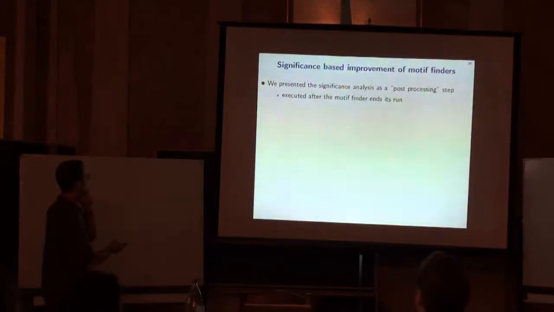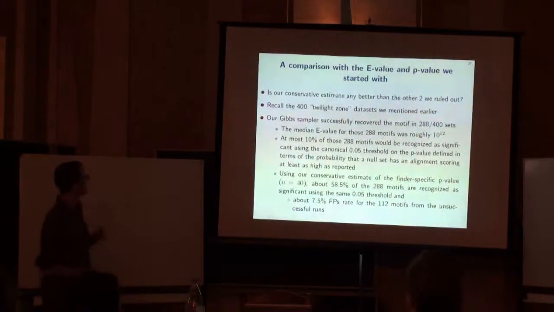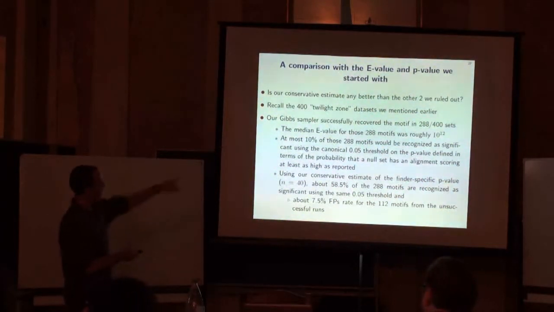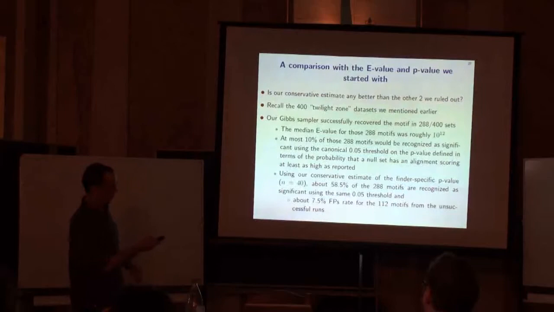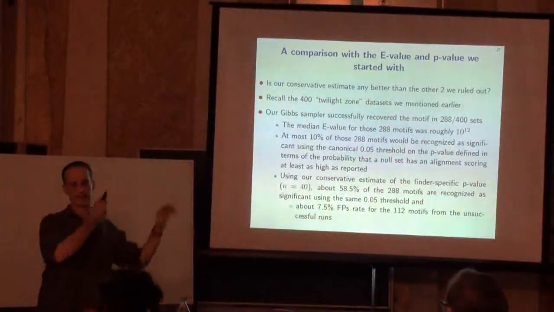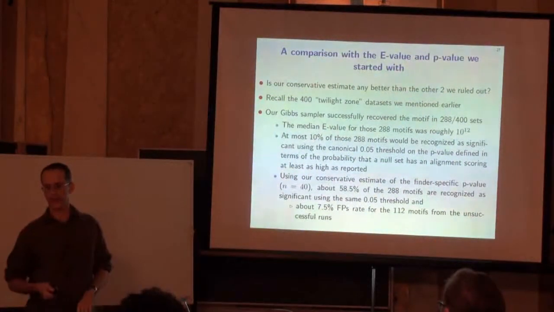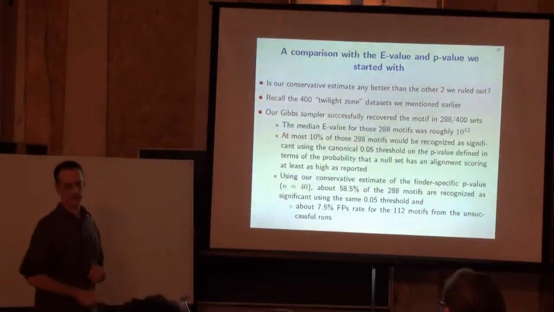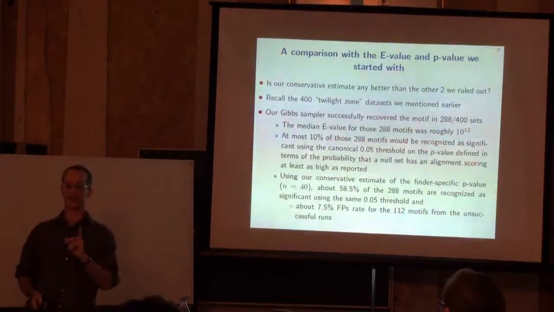So let's go back here. Here's why I got this 7.5%. Remember, there were 288 successful runs. When I'm estimating false positives, those 288 are out of the window, so there only remain 112. On those, I had 7.5%, which is higher than the 5% I was aiming for.